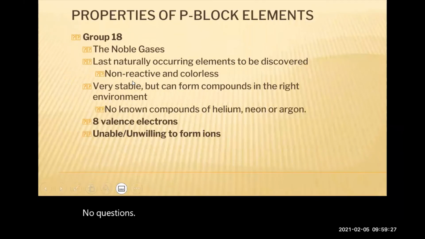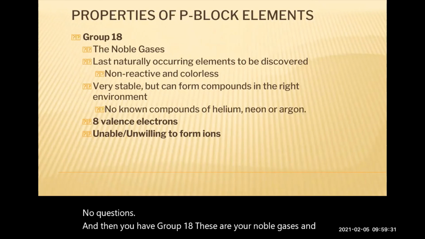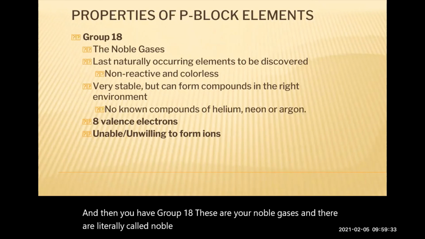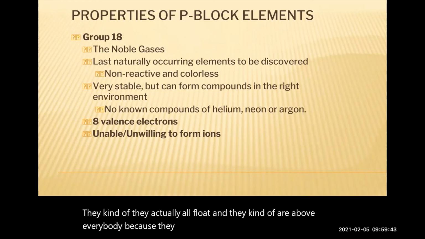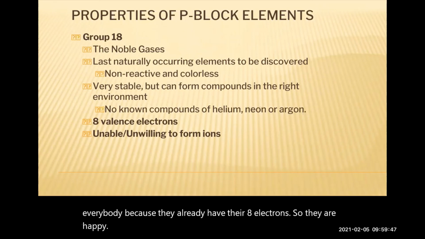And then you have group 18. These are your noble gases, and they're literally called noble gases because they're crazy non-reactive. They actually all float, and they kind of are above everybody because they already have their 8 electrons, so they are happy. They're very stable.